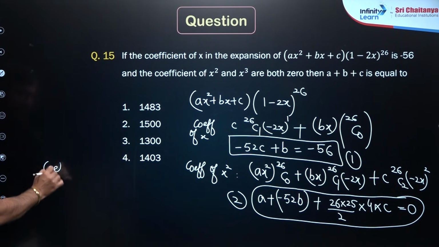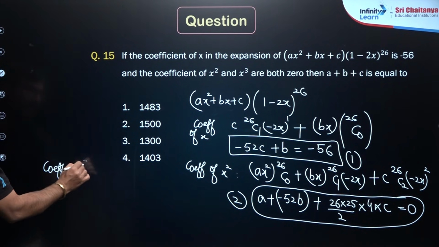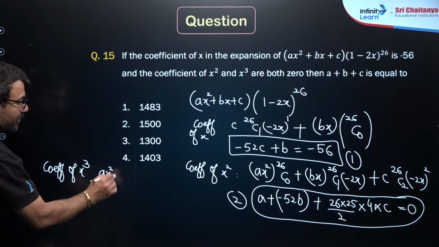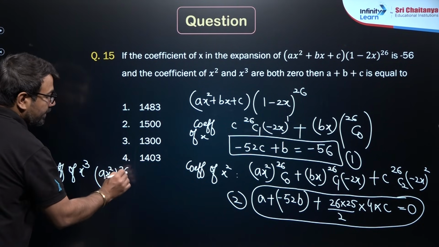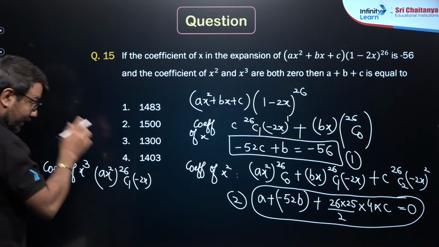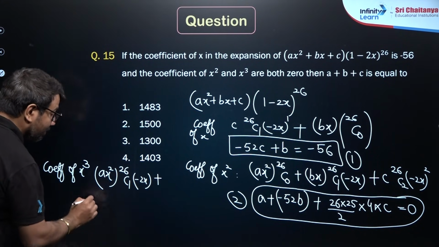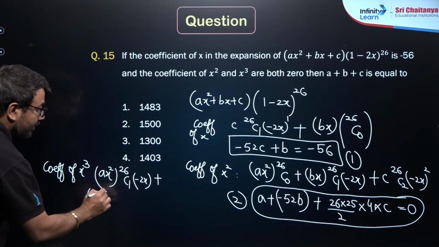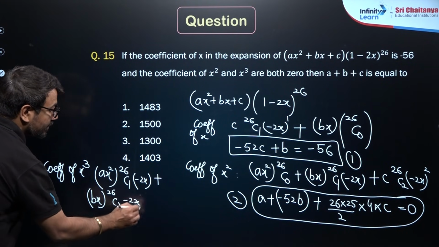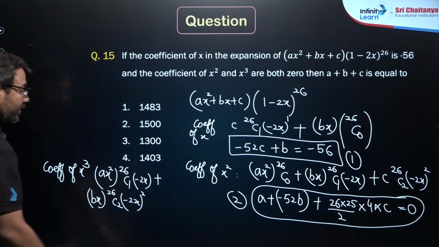Even if they ask you to write the coefficient of x cube, the possibility is you take ax square from the first bracket and 20C61 (-2x)^1 from the second bracket. You take bx from the first bracket and 26C2 (-2x)^2 from the second bracket.